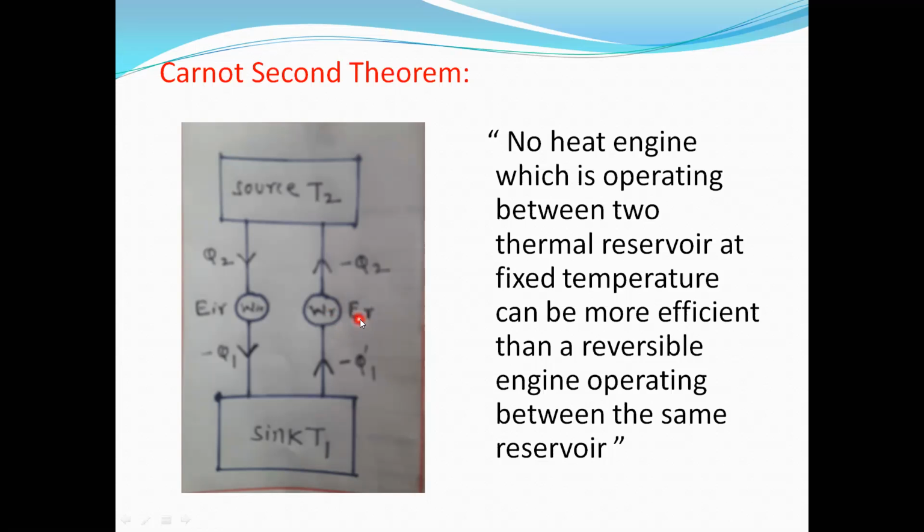Here in the diagram, this ER is the reversible engine, and the second engine is denoted by EIR. E means engine and IR means irreversible. Here also E means engine and R means reversible, remember that. So one is reversible, denoted by ER, and the second is irreversible, denoted by EIR.